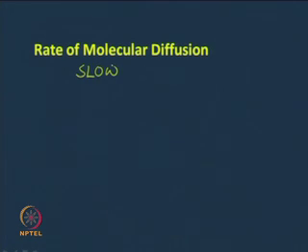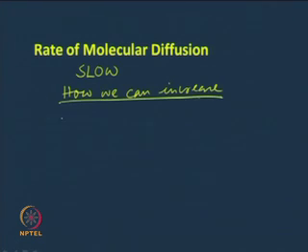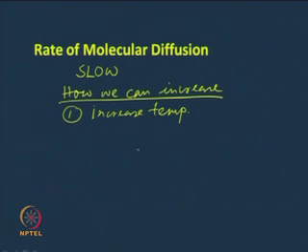How can we increase this rate? There are two ways we can increase this rate. One is to increase temperature. If we increase the temperature, the molecular motion will increase and the rate of molecular diffusion will increase.